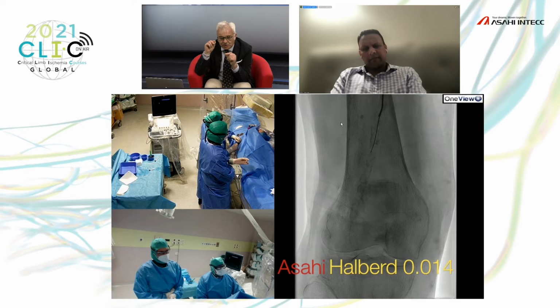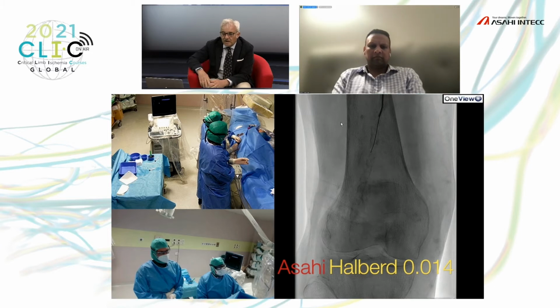But there is a very, very short bend, probably 1 millimeter, 1.5 millimeter, pre-shaped, and the concept is to find with this microcone shaped tip the potential microchannel in the middle of the occlusion and try to remain in the true lumen of the occlusion.